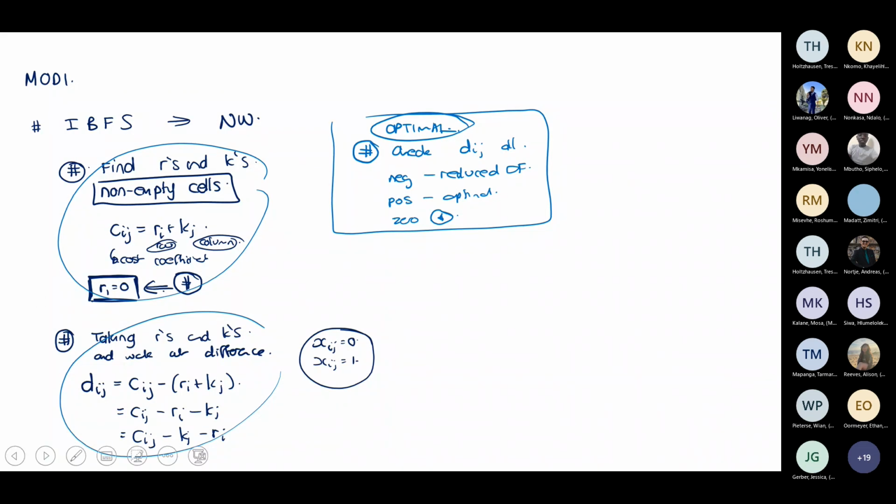Obviously, if it's not optimal, in other words, one of them is negative, you continue your steps. So the next step is you select the largest negative. That's just thinking about the fact that if this is representing the difference to your objective function, so how much your objective function value is going to alter, you want the one with the biggest impact. So you select the largest Dij, and that block is going to become non-empty.